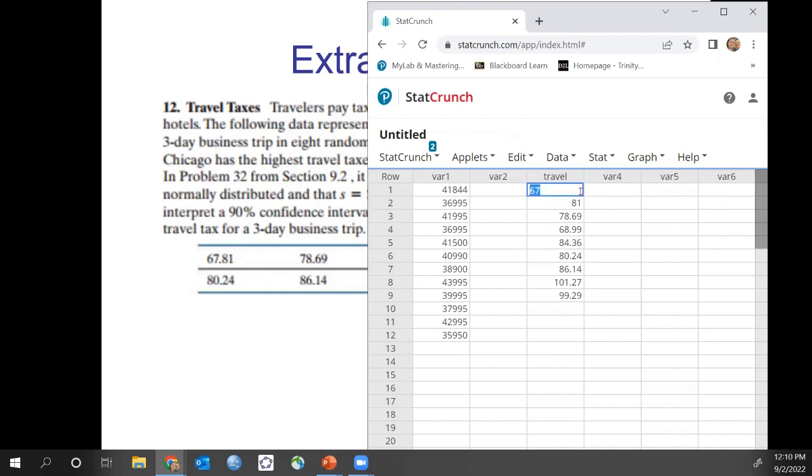Oops, something happened. That should be 67.81. And that is not a value. I accidentally typed this one there. Okay, so it should be 8. Yes.